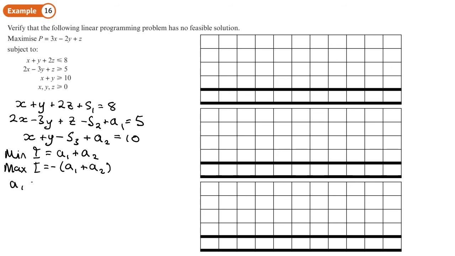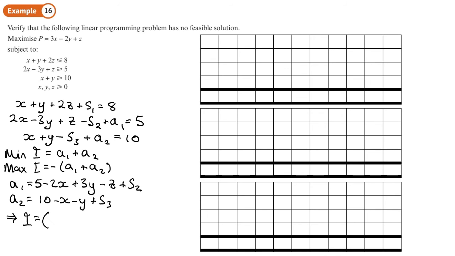So a1 is equal to 5 minus 2x plus 3y minus z plus s2, and a2 is equal to 10 minus x minus y plus s3. So we can then write that actually we're trying to maximize I equal to negative a1 plus a2.